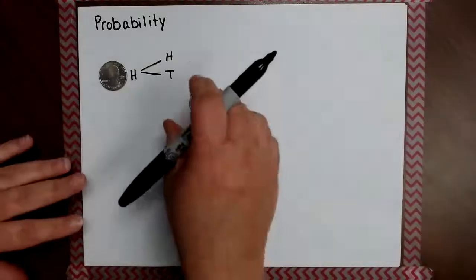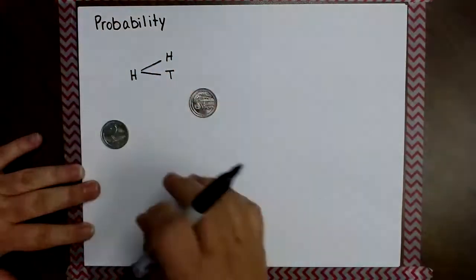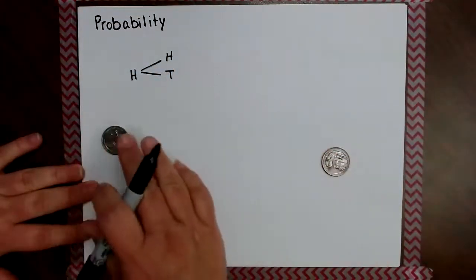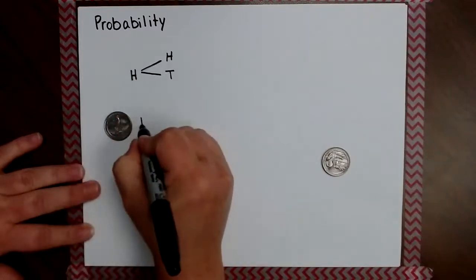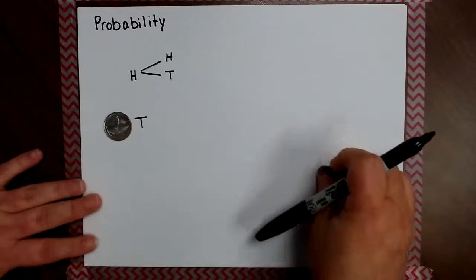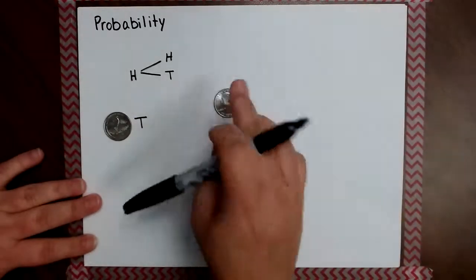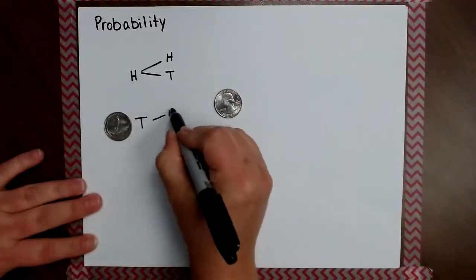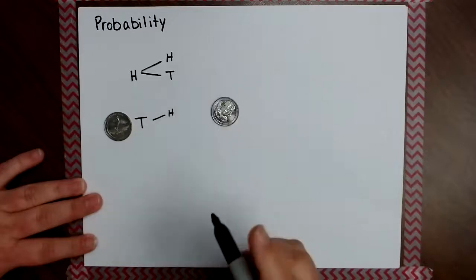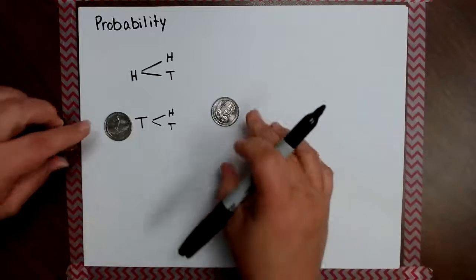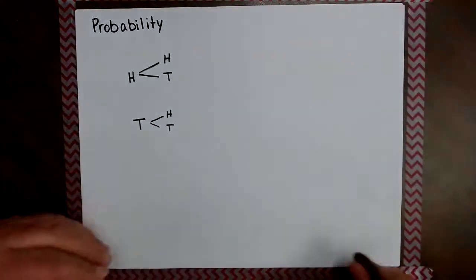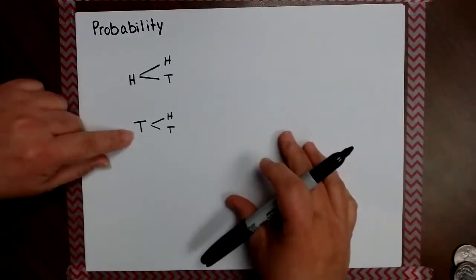If I flip the first coin, and instead of landing on heads, it lands on tails, well, when I flip this one, it could land on heads, or it could have landed on tails. So you end up with something that looks like this. This is your first coin.